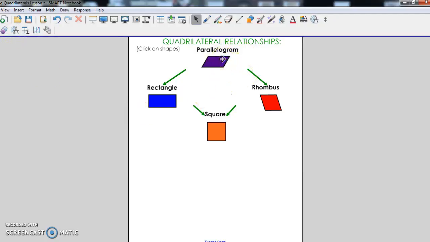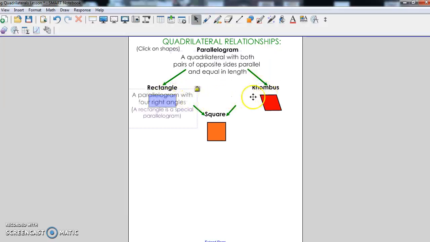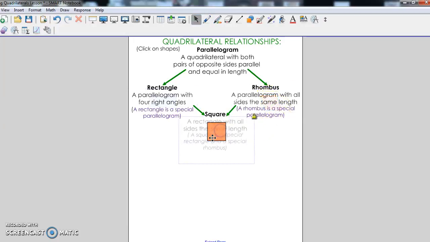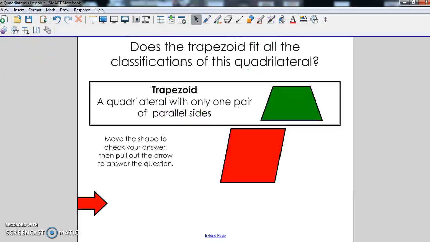Notice in this slide, you have a parallelogram, which has opposite sides parallel and equal in length. A parallelogram has two special things that can come out of it. You can have a rectangle, which is a special parallelogram, and a rhombus. And then you have the square, which is a super special parallelogram because it's both a rectangle and a rhombus. All right.